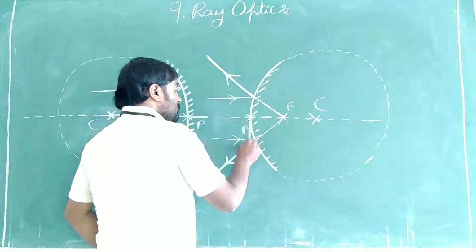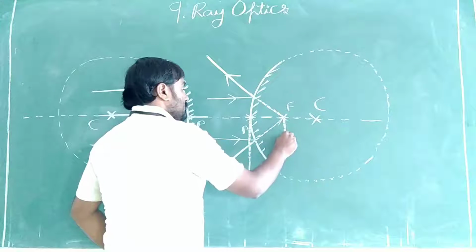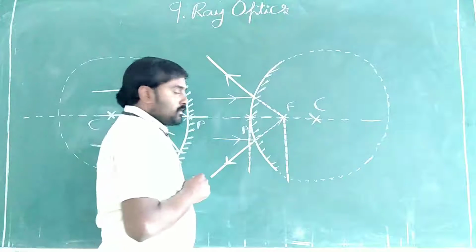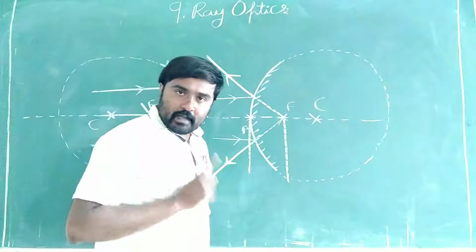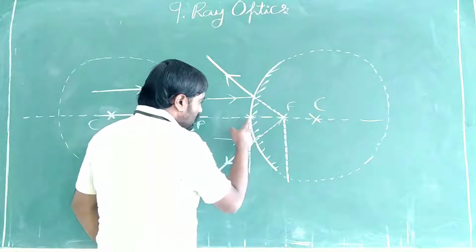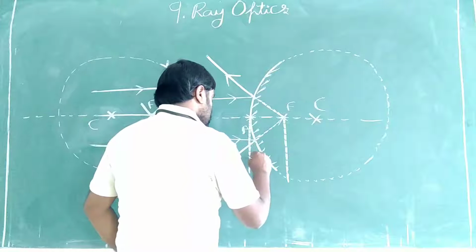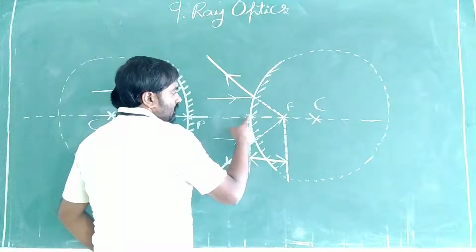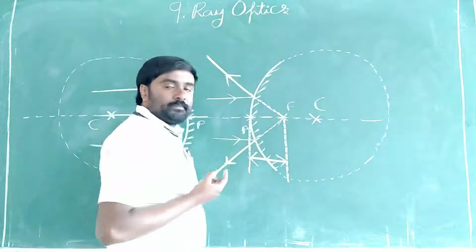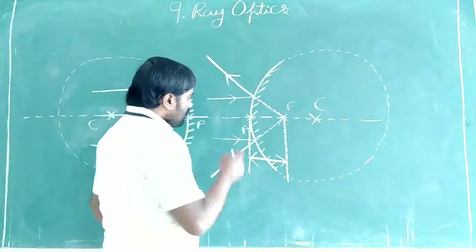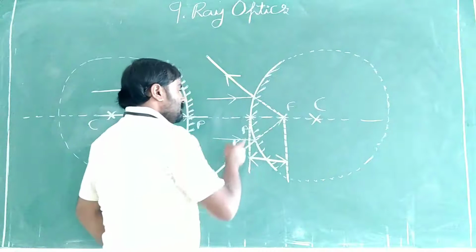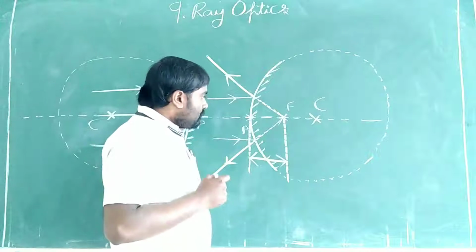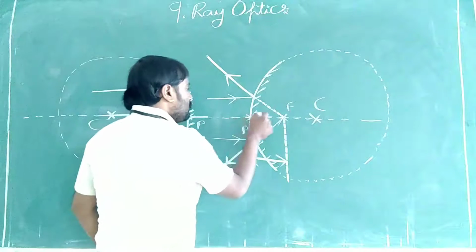All distances are measured along the principal axis from the pole, so focal length is measured from pole to focus.